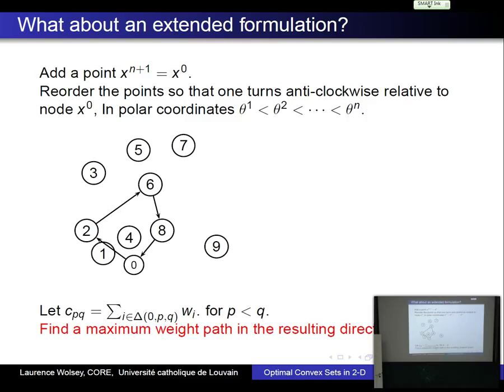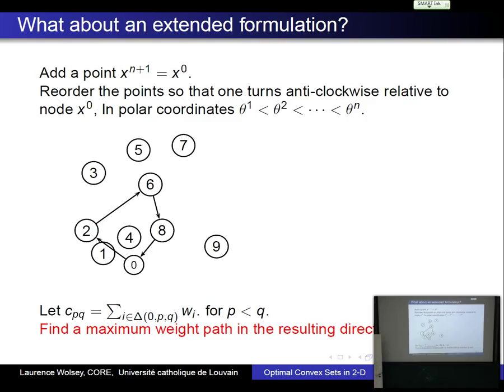Once we've fixed 0, we can order the points by their polar coordinates. I've probably got it the wrong way around, but 1, and then we go around clockwise. We come to 2, then 3, then 4, and 5, 6. So we put them in clockwise order in some sense.